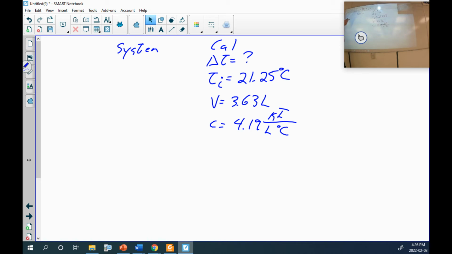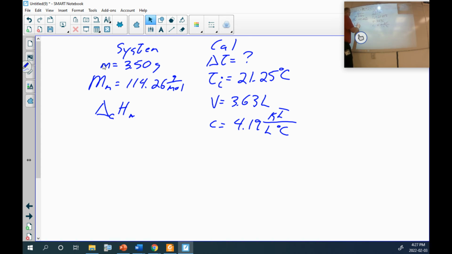So 3.63 kilograms, 3,630 grams. Our system, again, our mass is 3.50 grams. Quickly do our molar mass, which for some reason I have memorized. It's 114.26, and we're looking for the heat of combustion here.